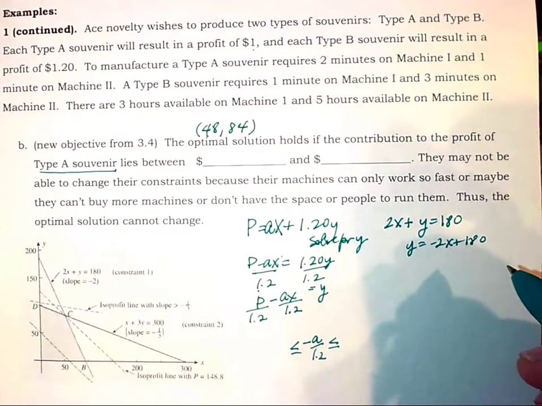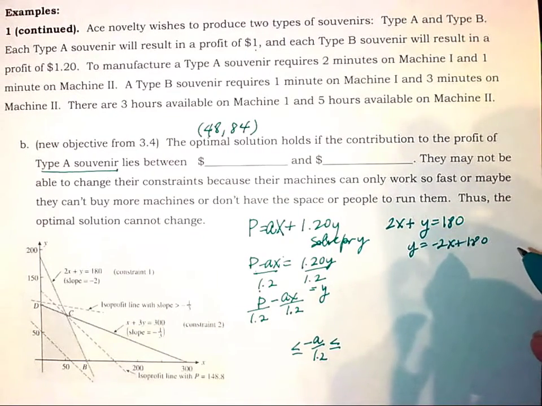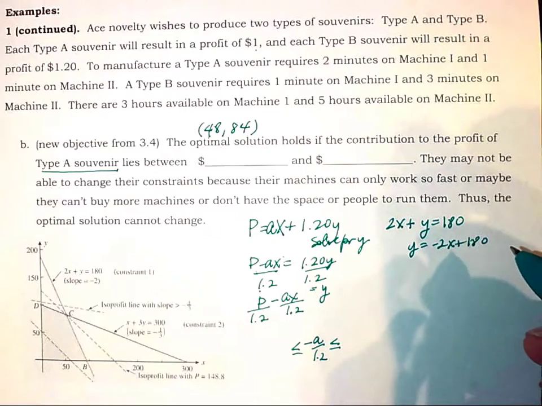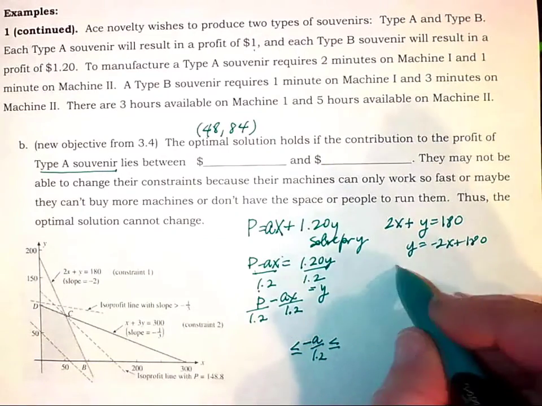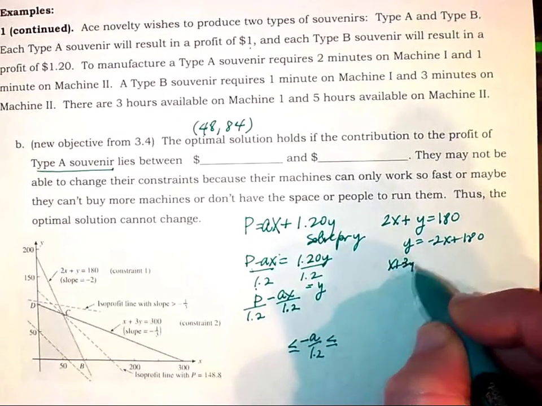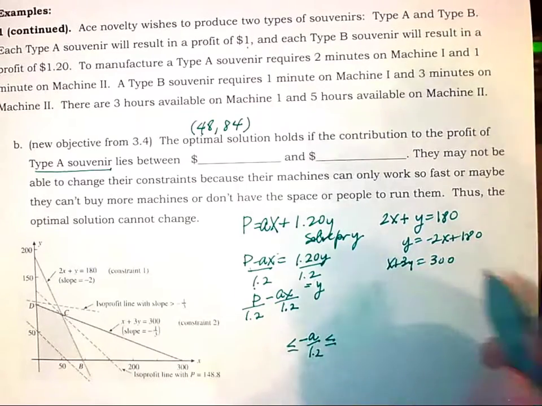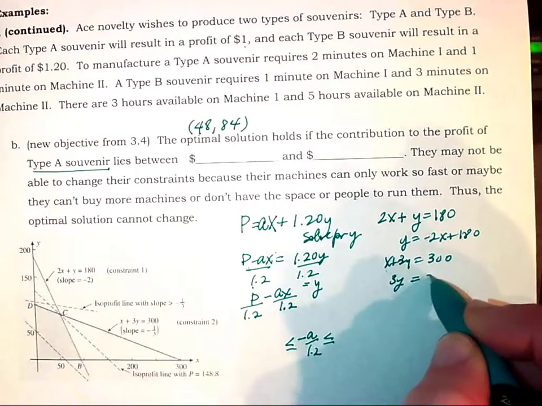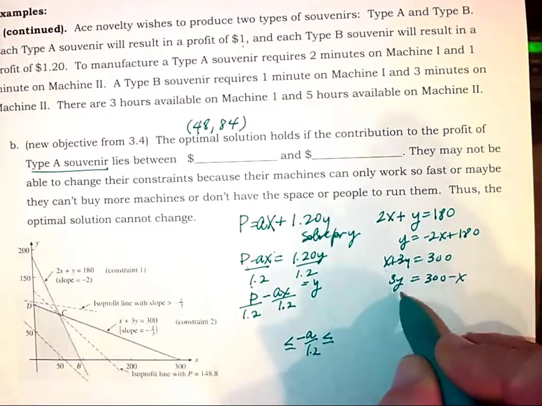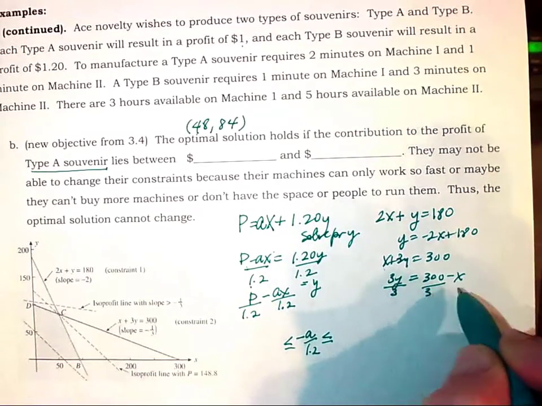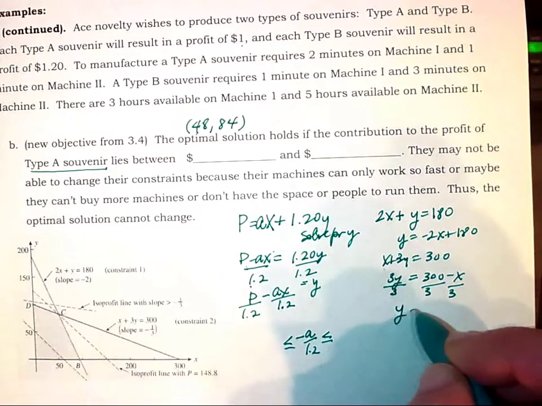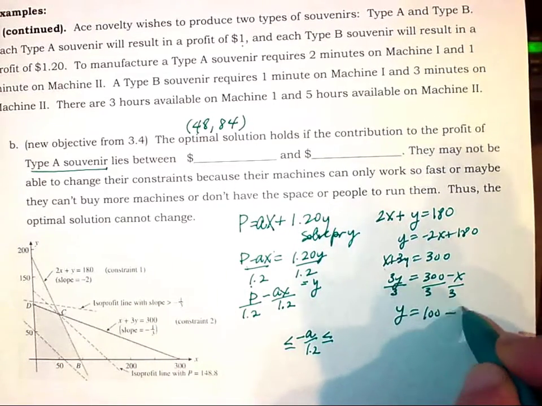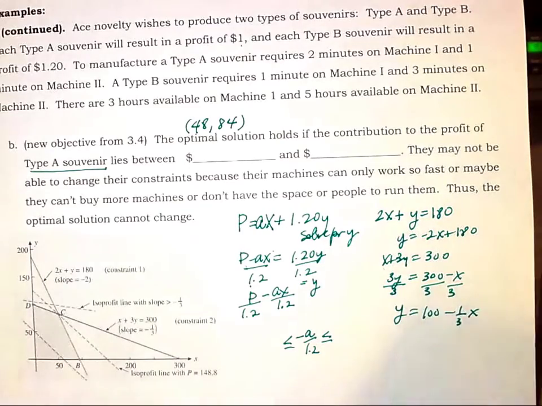So on our second constraint, we have x plus 3y is equal to 300. And if we solve that for y, we'd have to subtract the x over. This is a little bit more work. And then divide everything by 3. So this is going to give me y is equal to 100 minus 1/3 x.